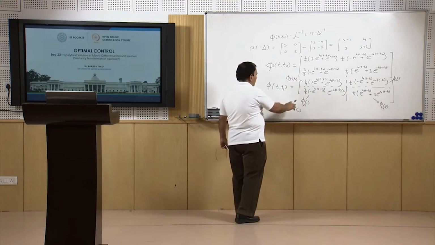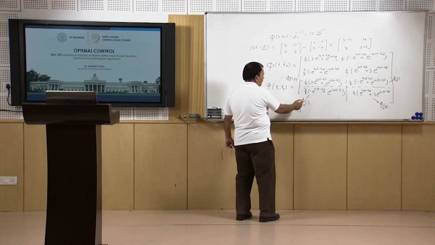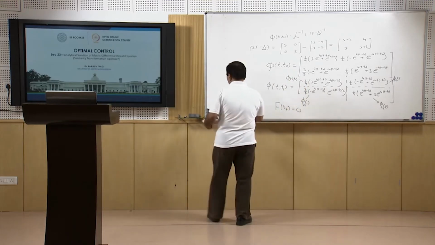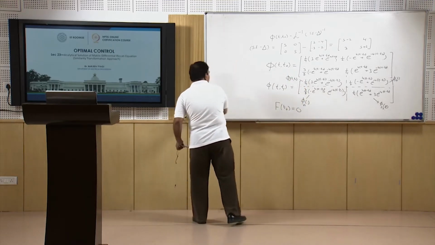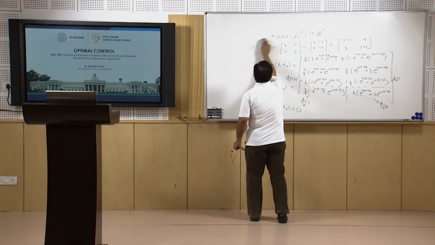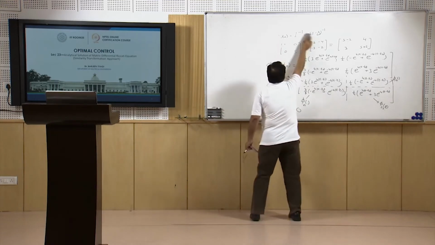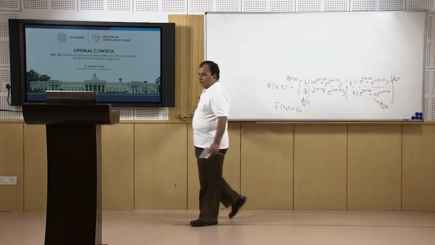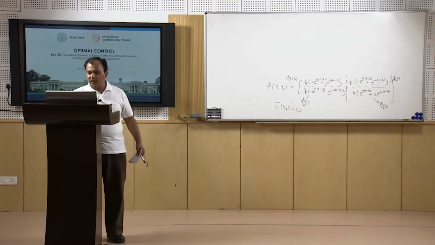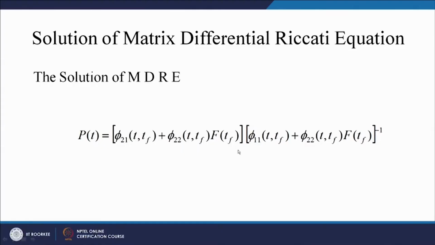So, these are the values of phi 11, phi 12, phi 21, phi 22. So, I can directly write what will be the solution of the matrix Riccati equation. As my F of TF is 0, this term and this term will be 0.